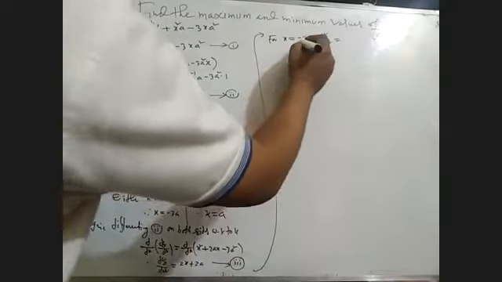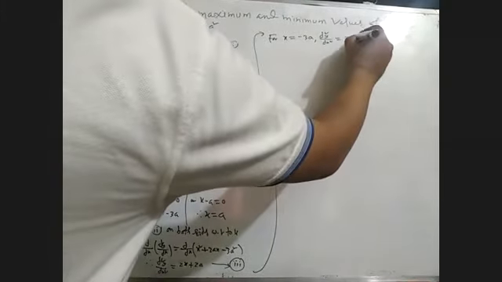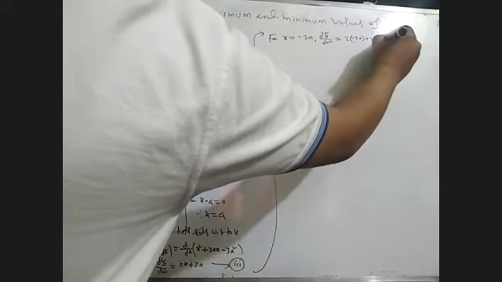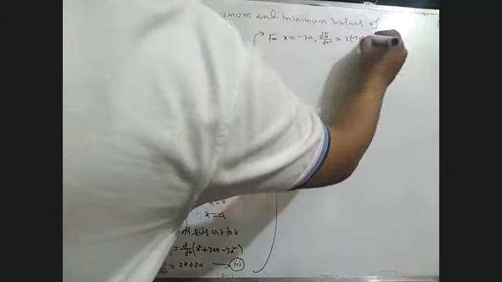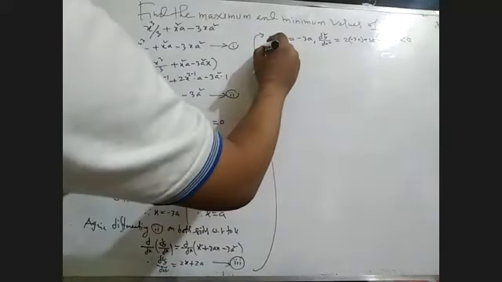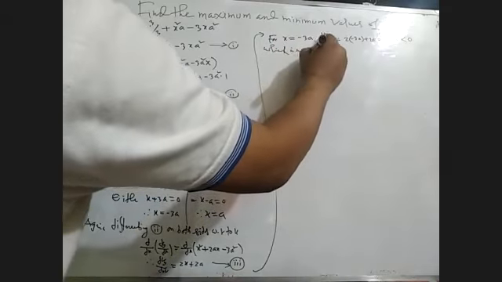So d square y by dx square equals to 2 into minus thrice a plus twice a. This equals to minus 6a plus twice a, so minus 4a, which is less than 0, which is negative.